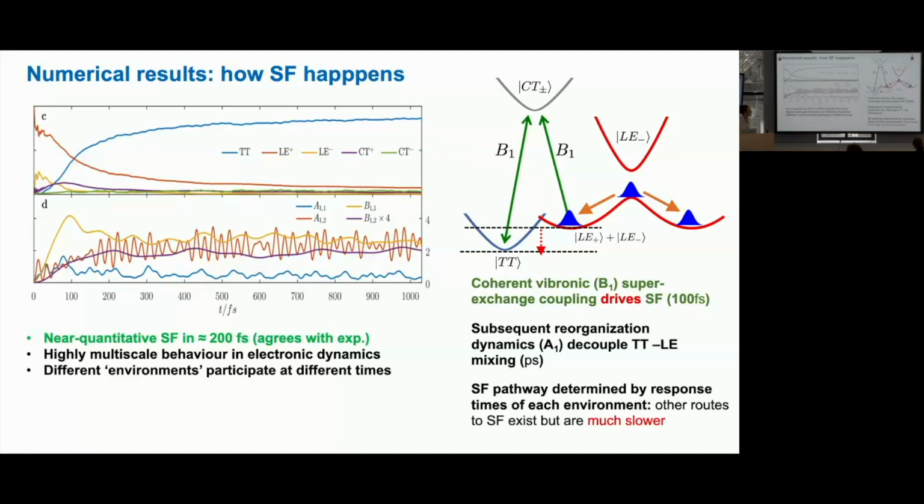The final stage is that once we've collected down here, because they're coupled, the TT and the LE state are still slightly mixed. But now reorganization dynamics, the symmetric modes which can change the relative energy ordering of the levels, kicks in and starts to drag this thing down, demixing it, decoupling it, purifying its nature to become purely TT, and that's all this slow stuff.